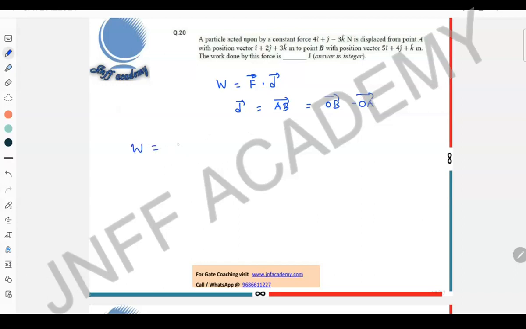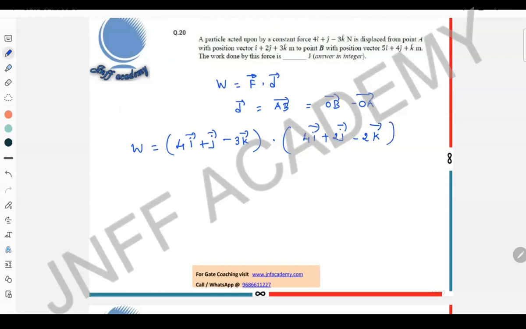Now we will substitute everything over here. So our W is equal to the F vector, 4i plus j minus 3k, dot product OB minus OA. So 5 minus 1, 4i; 4 minus 2, 2j; 1 minus 3, minus 2k.